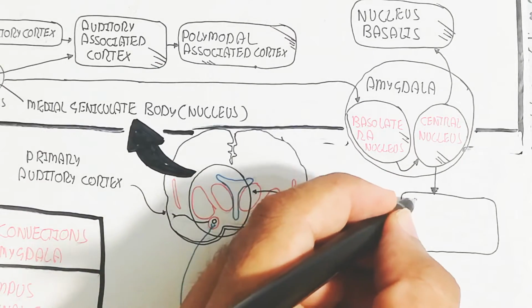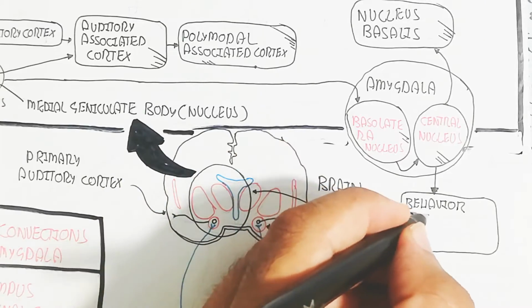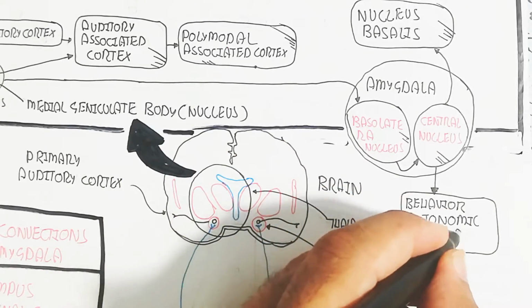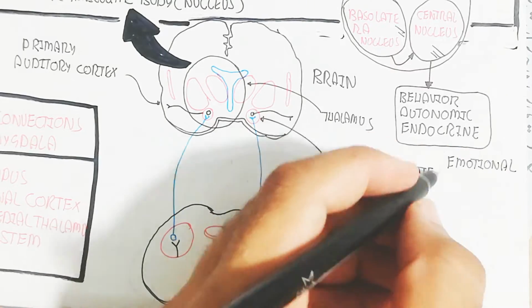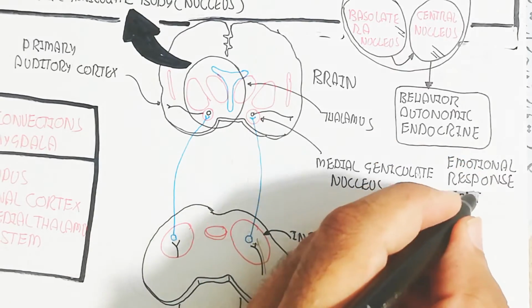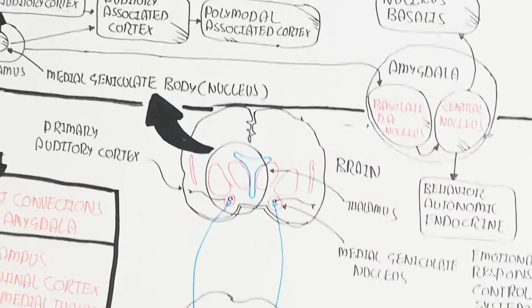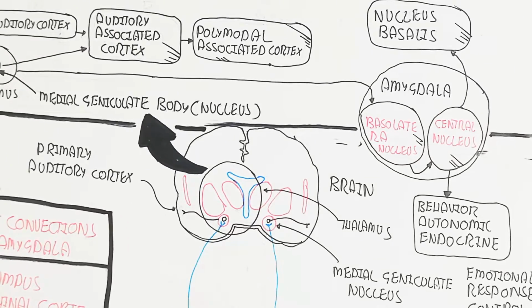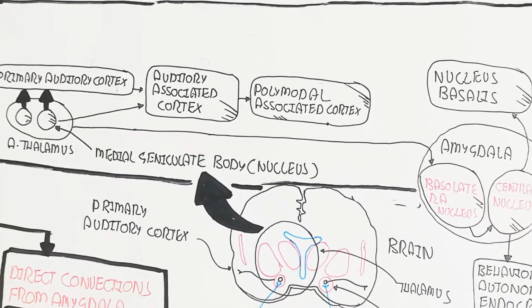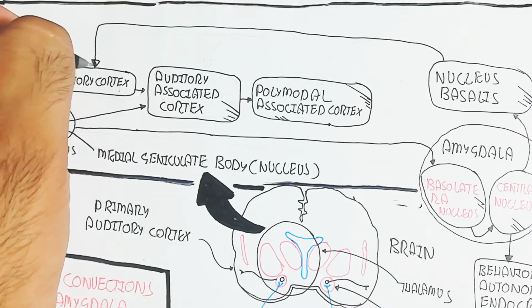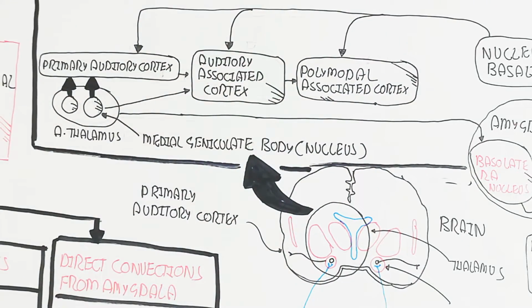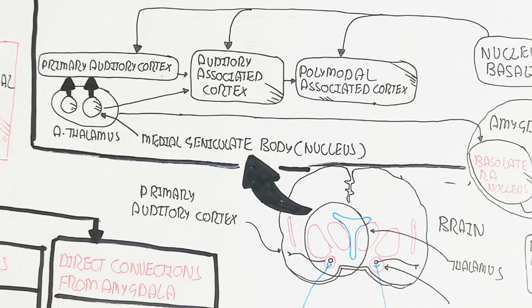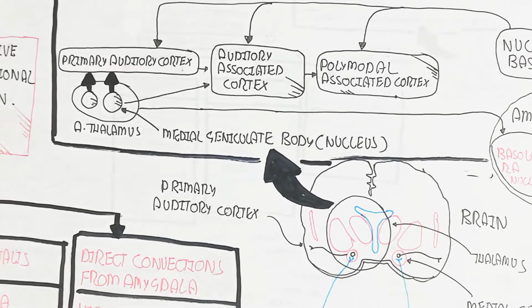After the central nucleus, the amygdala also transmits the signal to the nucleus basalis and the central nucleus, which changes the behavior, autonomic and endocrine systems, and the emotional response control system. The nucleus basalis also regulates the polymodal associated cortex, auditory associated cortex, and the primary auditory cortex.